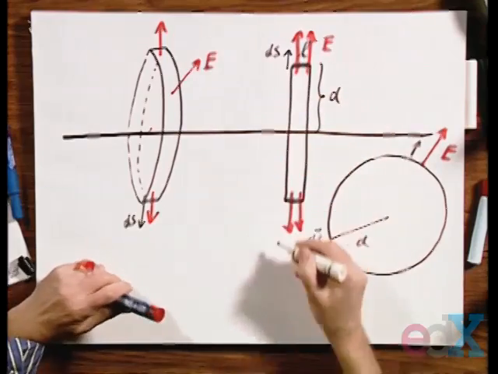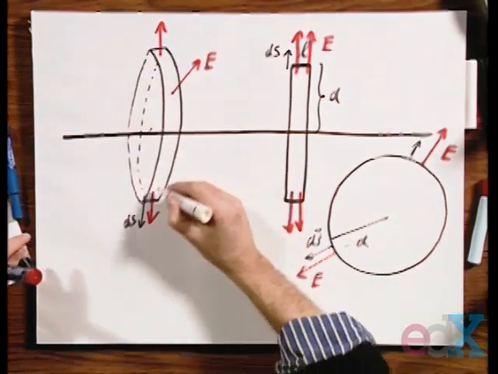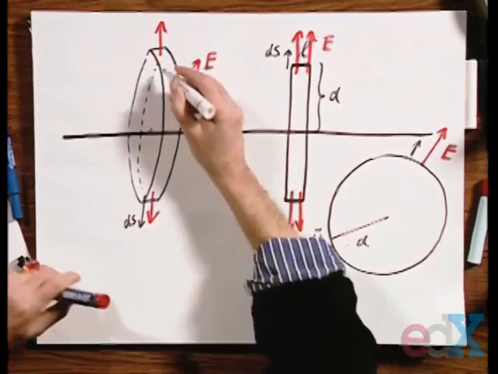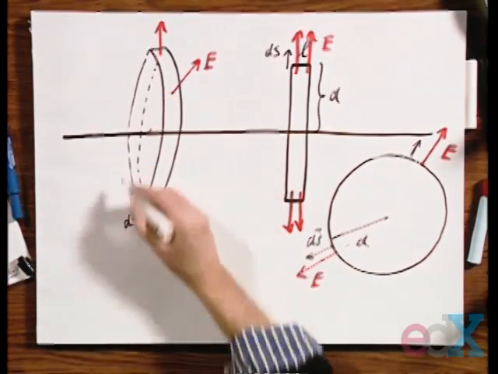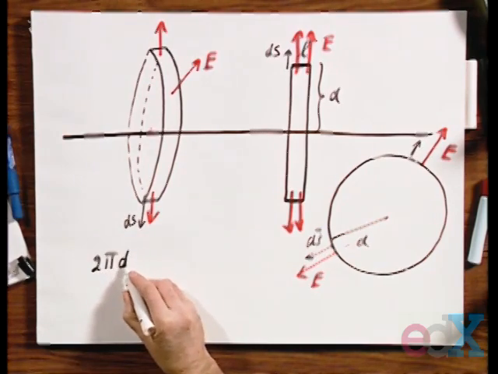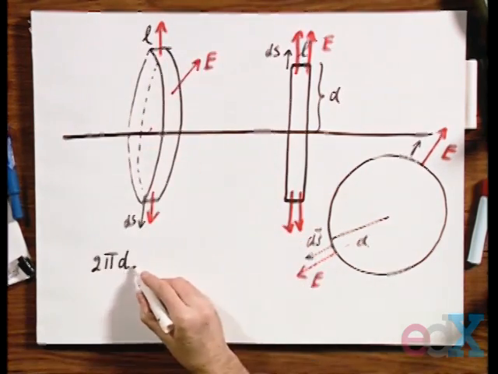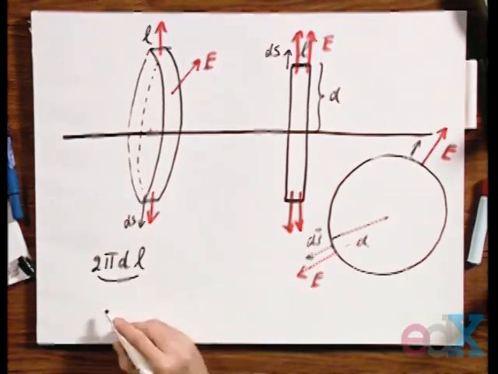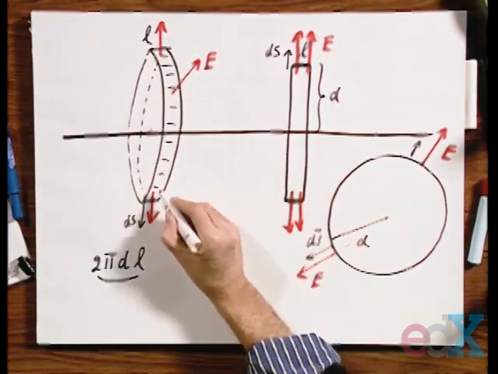So let us calculate the electric flux that goes out from this curved surface. That should be very easy. That is the surface area itself, which is 2 pi times d. It has here a thickness L, so this is now the total volume. Not volume, this is the total surface area of this curved surface.